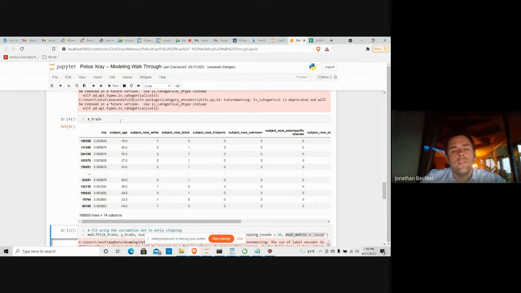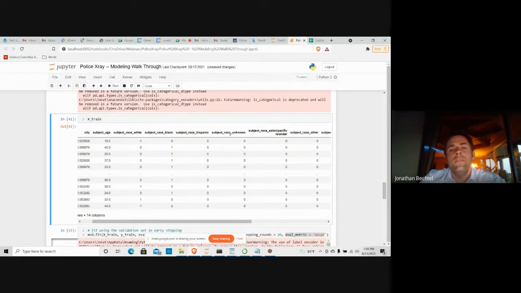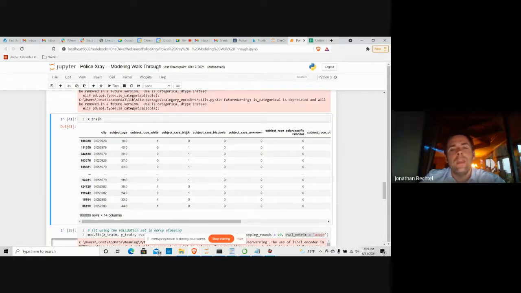In this case, one of the points of this exercise is not just to capture how accurately you can predict police searches or arrests, but also the relative impact of being white, black, Hispanic, or unknown. And so in that case, it can be useful to make sure you have a unique column for each label, because that way you can study the unique impacts of each of these individual values more carefully than if everything were target encoded.